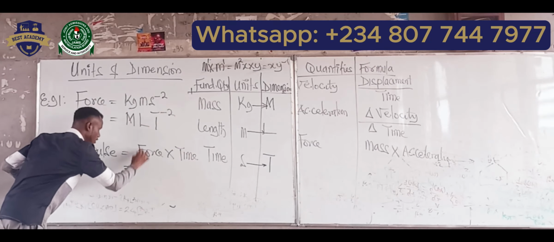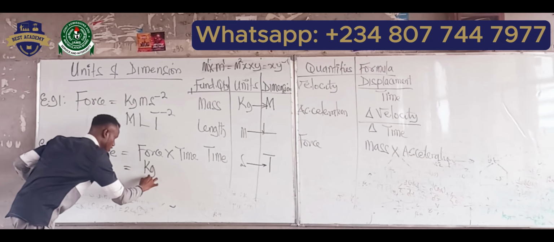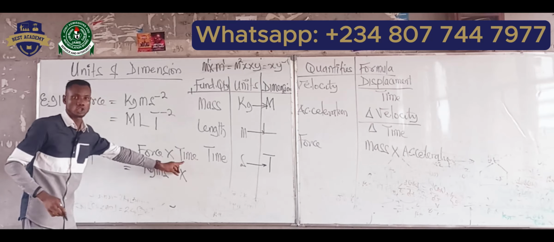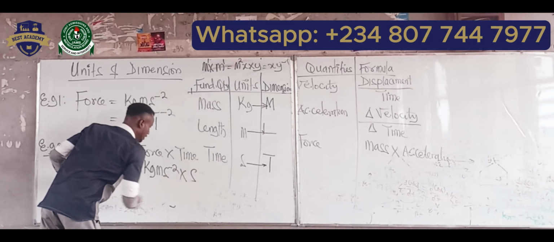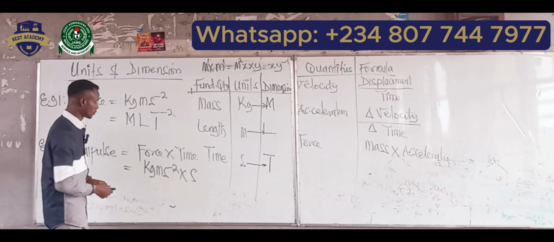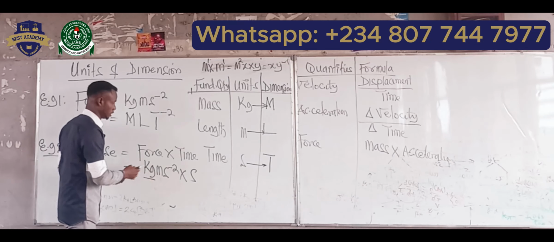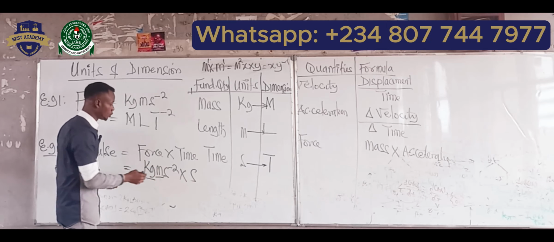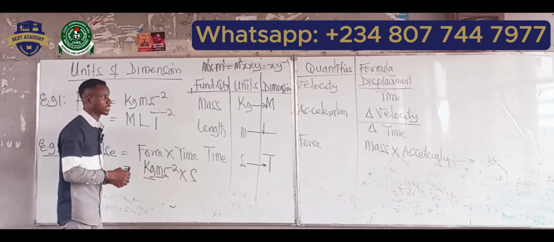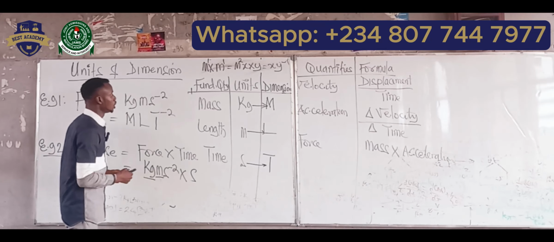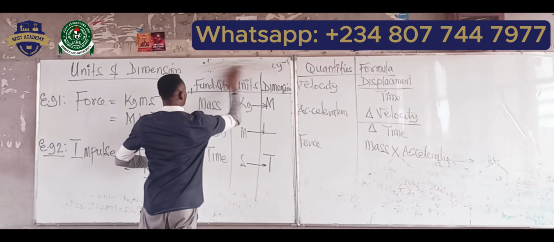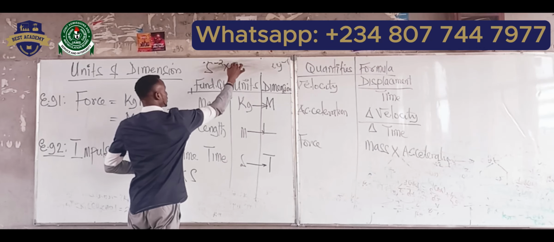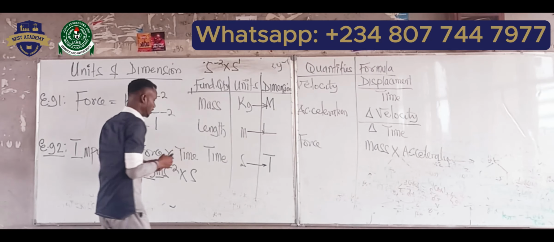Now, the unit of force is kg meter per second squared, times the unit of time, which is seconds. Let's evaluate this. We have only 1 kg, this is settled. We have only 1 meter, this is settled. We don't have 1 second, so I have to use the law of indices. We have second to the power minus 2 times seconds to the power of 1, an invisible one here.